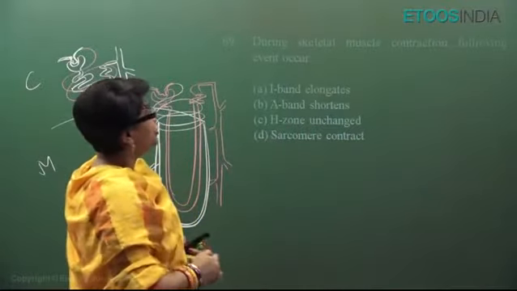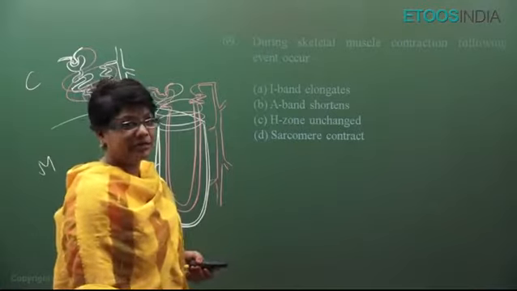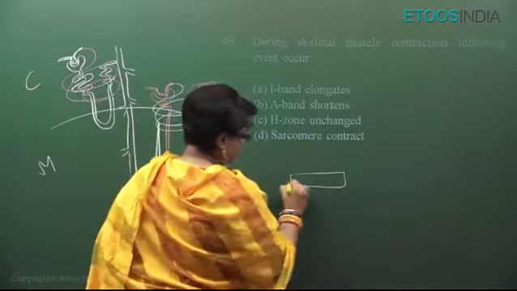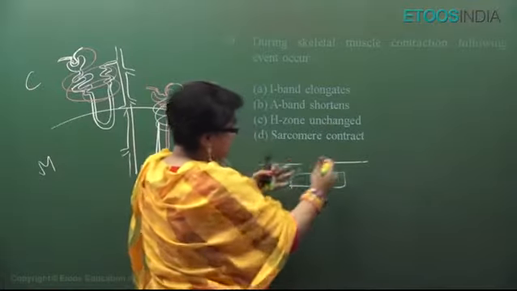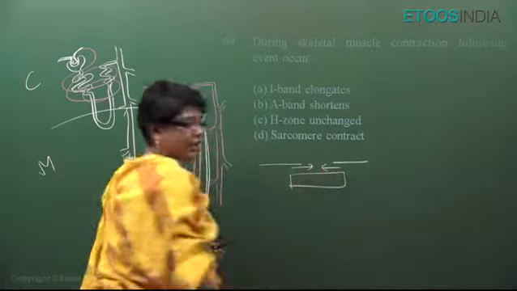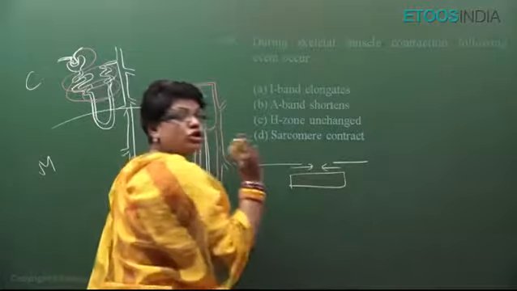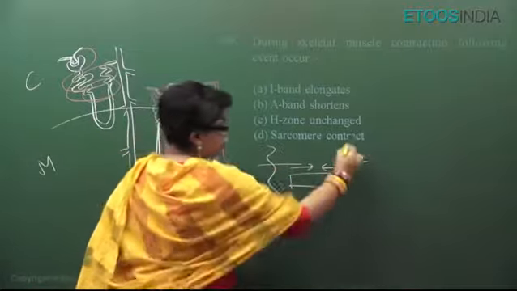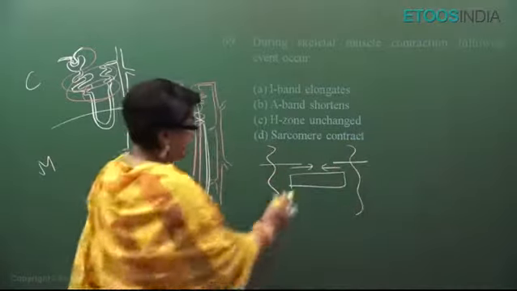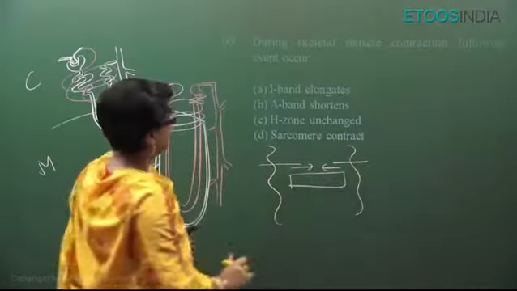Now, during skeletal muscle contraction, the following happens. We know what happens. The actin filament slides towards the center of the A band. So A band is constant, I band shortens, so sarcomere shortens, H zone shortens.